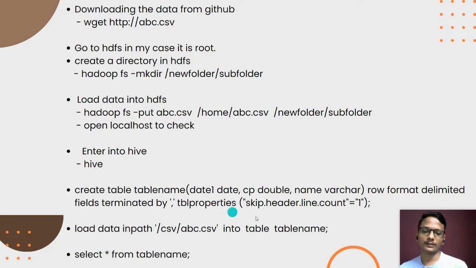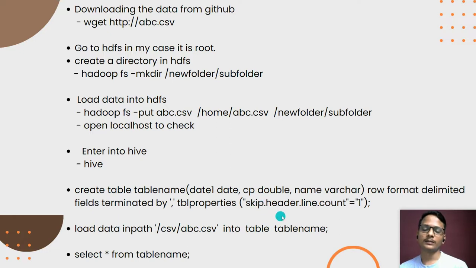In the table properties, we skip the first line, which means the first row of the data, which we have already defined here as date, double, varchar with the table name.